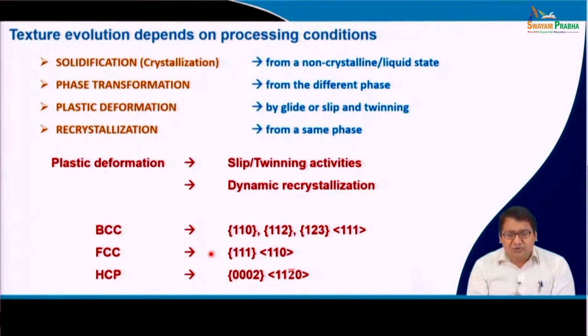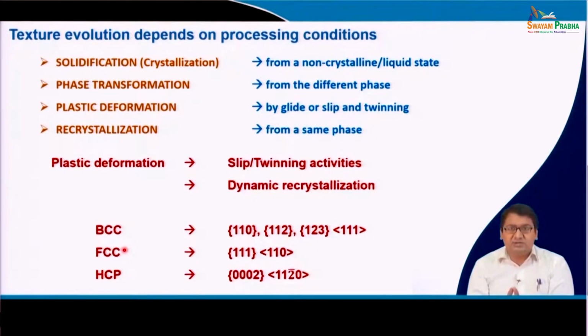There are 4 111 planes and 3 110 directions per plane, making it 12 slip systems, the 111 110 slip system, being present in the FCC crystal. So, during the deformation, this family of slip systems will become active, and relating to this dislocation slip behavior, a deformation texture will evolve.